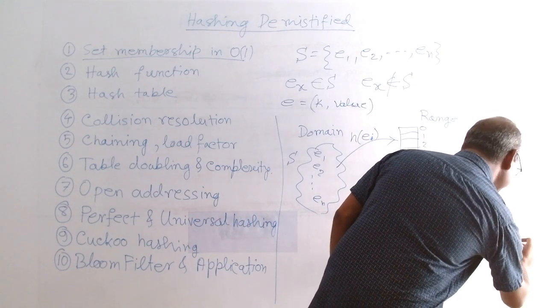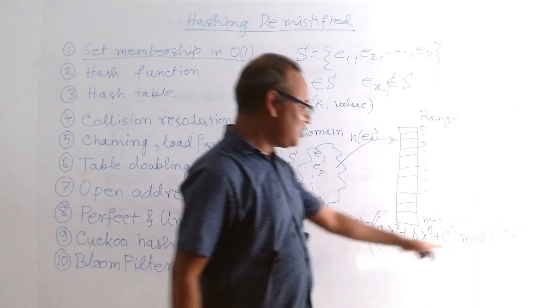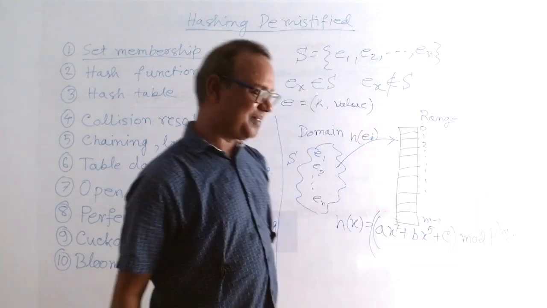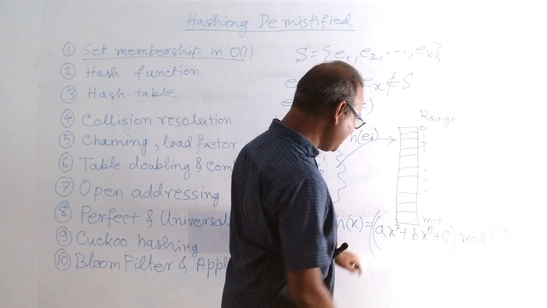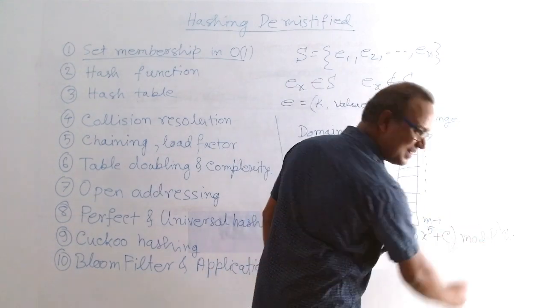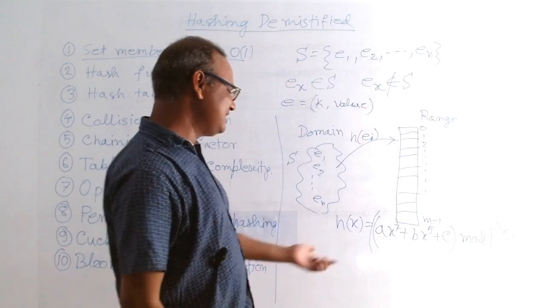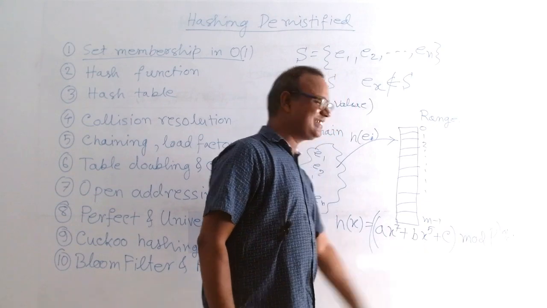I have less space, so this is mod m. Okay, what is this p? p is a large number larger than m. Okay, this function can become a good function. Why? Because p must be prime. We will see these things in later courses, and we will do a lot of analysis on the function.